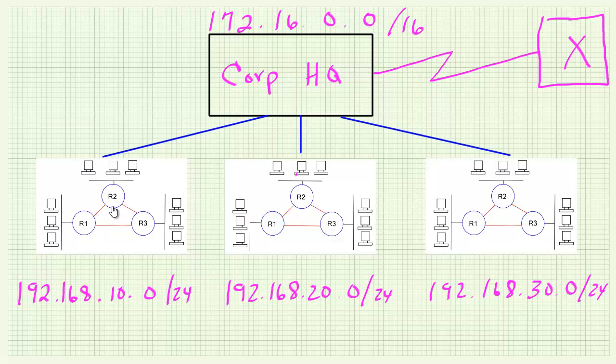Another important characteristic is that these network blocks need to be contiguous. In other words, we should be sure that anything 192.168.10.0 is contained in this location. Same thing for 192.168.20.0 here and 30.0 here, 172.16.0.0 up here at corporate headquarters.